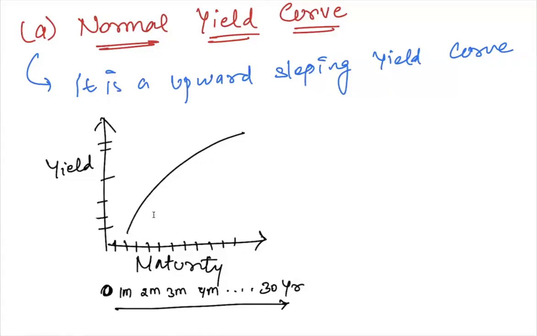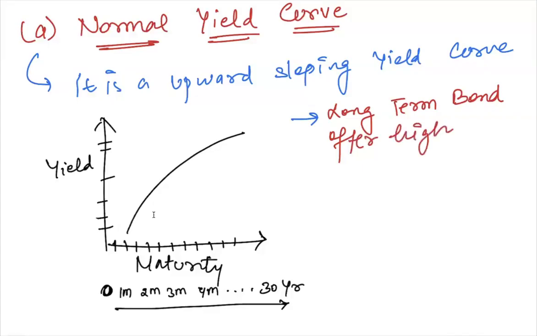So what happens in a normal yield curve is long term bonds offer higher yield as compared to short term bonds.